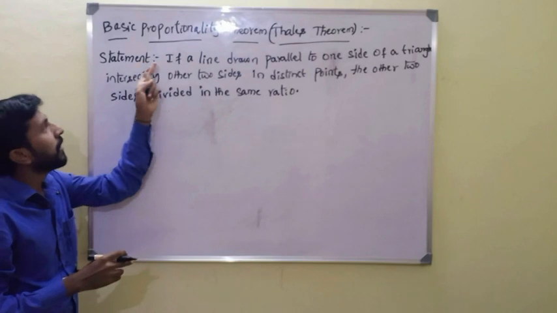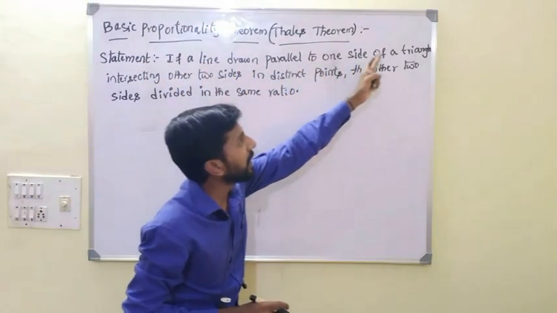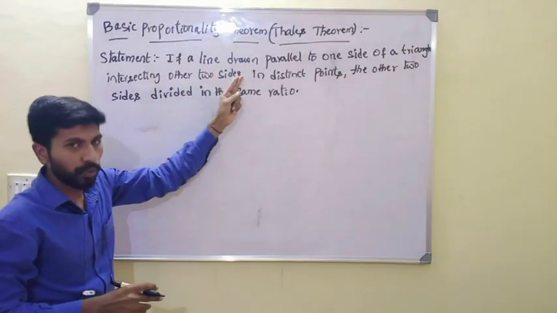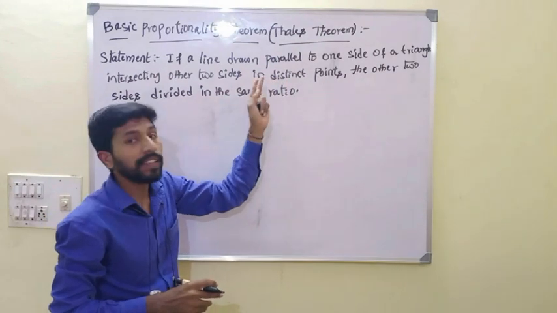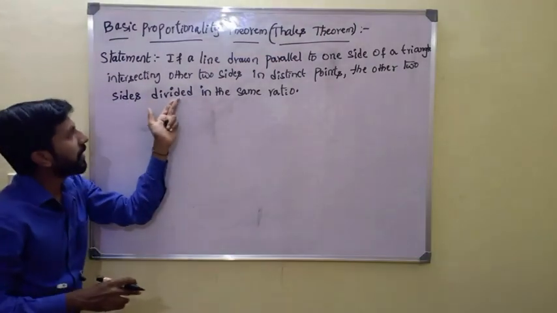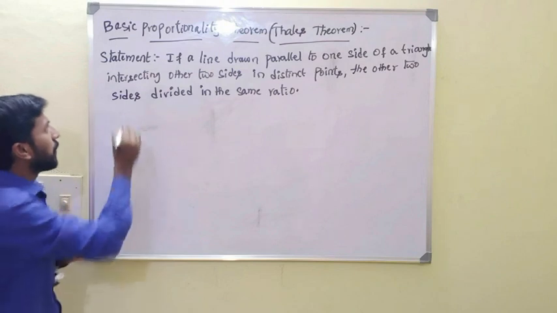So the statement is, if a line drawn parallel to one side of a triangle intersects the other two sides in distinct points, distinct means different points, the other two sides are divided in the same ratio. This is the statement of the theorem.